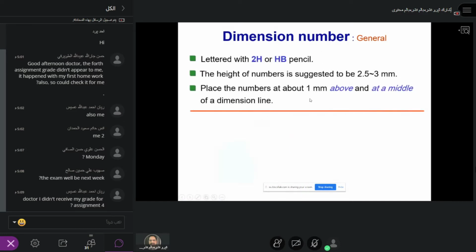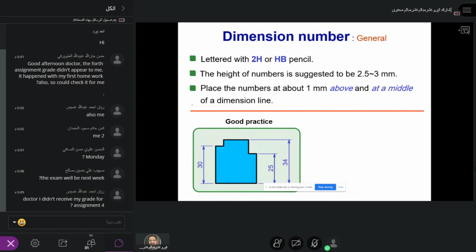Then dimension numbers. The pencil should be either 2H or H. Usually lines will be 2H and numbers will be H. That is a common practice. The height of the numbers is 2.5 to 3 millimeters, and the number should always be about 1 mm above the dimension line.